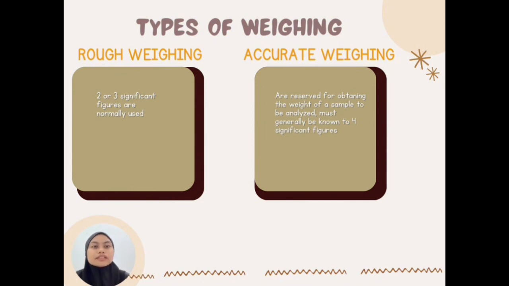The first one is raw weighing and the second one is accurate weighing. In raw weighing, 2 or 3 significant figures are normally used. The accurate weight is reserved for obtaining the weight of a sample to be analyzed, and it must generally be to 4 significant figures.